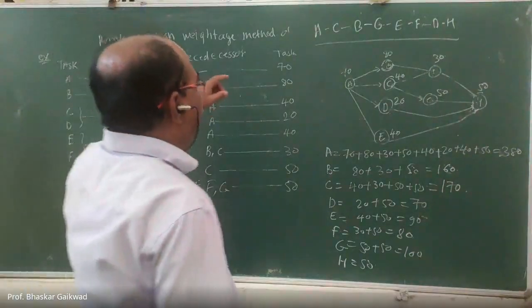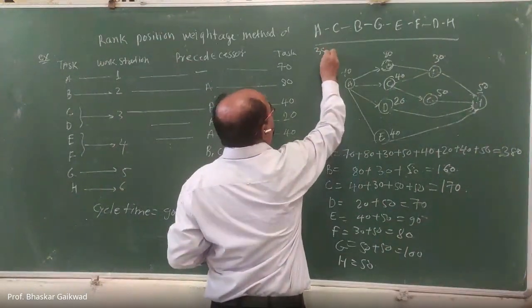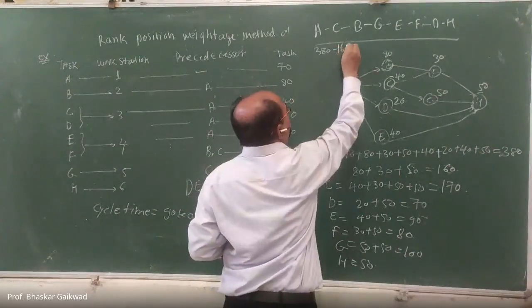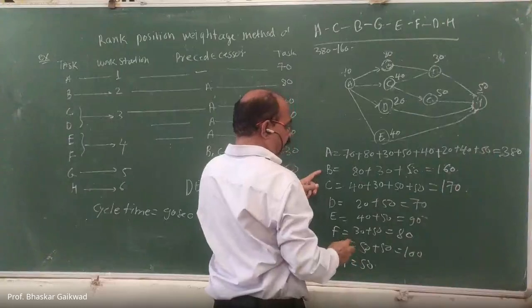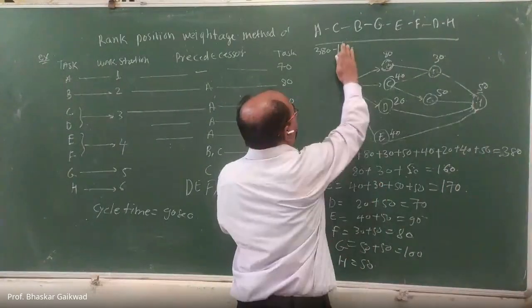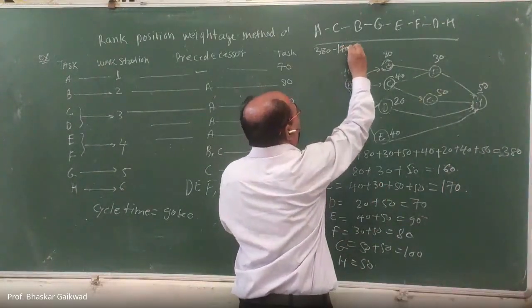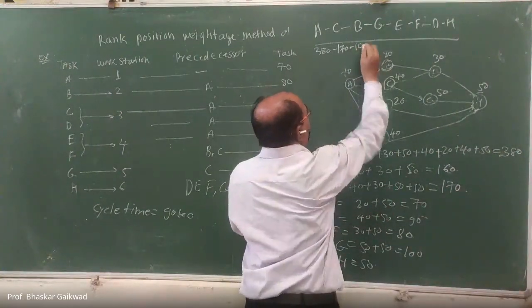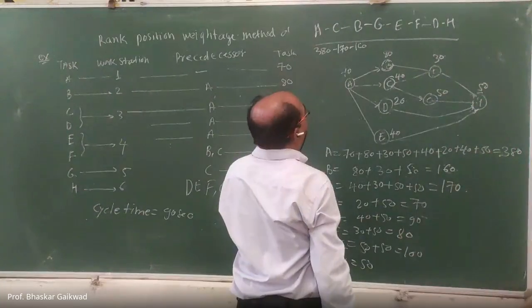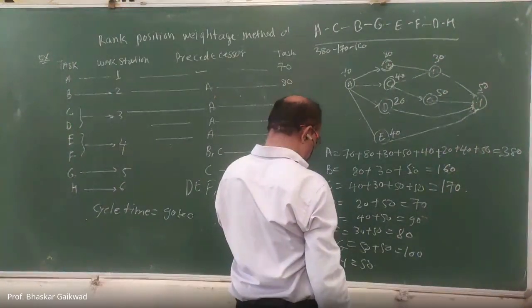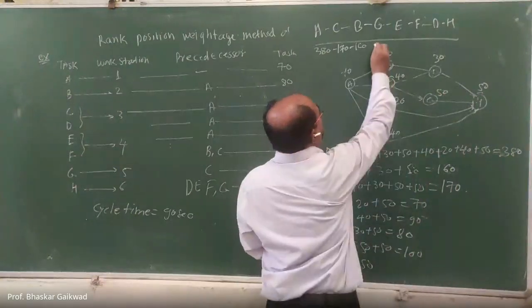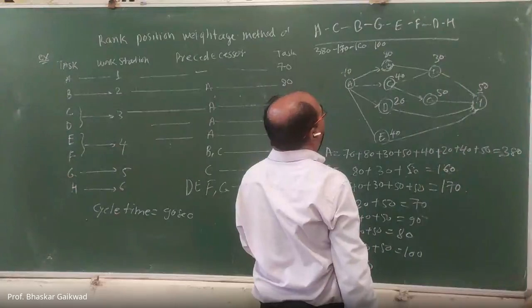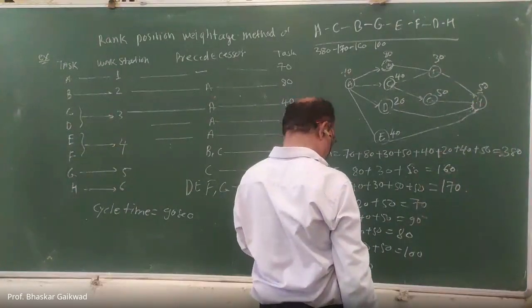What is A here? 380, C 160, D 170, B 160, 300, and 90.